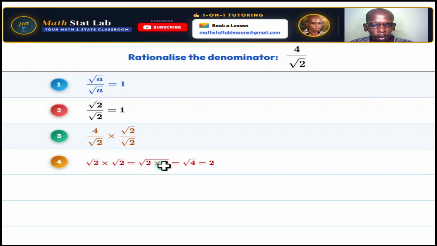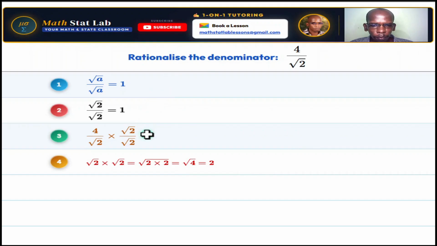But 2 multiplied by 2 is 4, so now it becomes the square root of 4, and the square root of 4 is 2. So once you multiply, the denominator becomes 2.